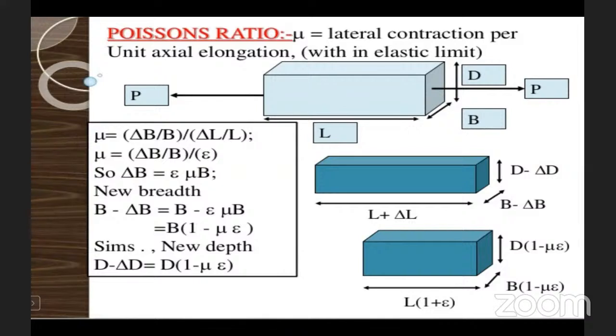Now see here, the length changes to L plus del L. So what happened? The depth and breadth decrease. Now with elongation, the length is L into 1 plus E, the depth is D into 1 minus mu E, and the breadth is B into 1 minus mu E.